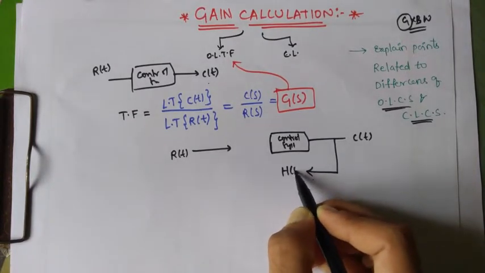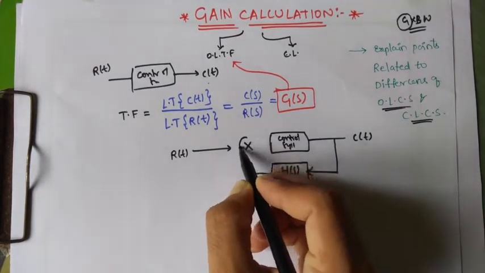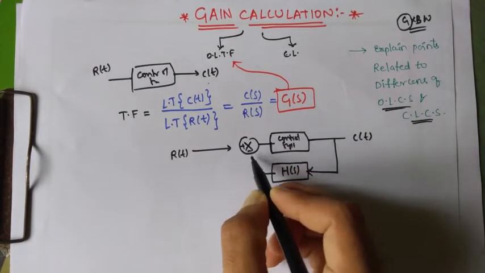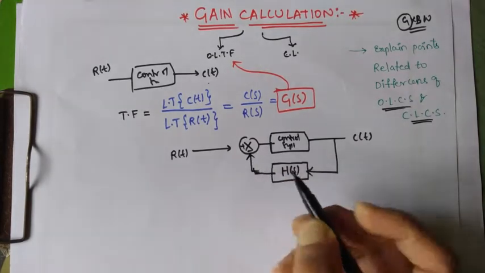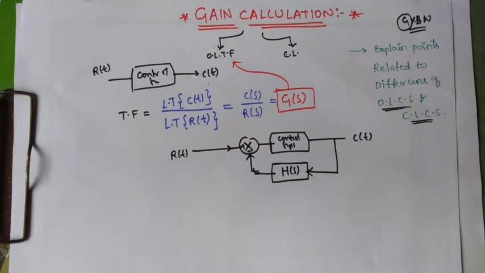Let me take the transfer function of the feedback network as H of s, and it is either added or subtracted. So let me take it as negative feedback, which is the case for real life situations. So this is the circuit diagram for a closed loop control system.